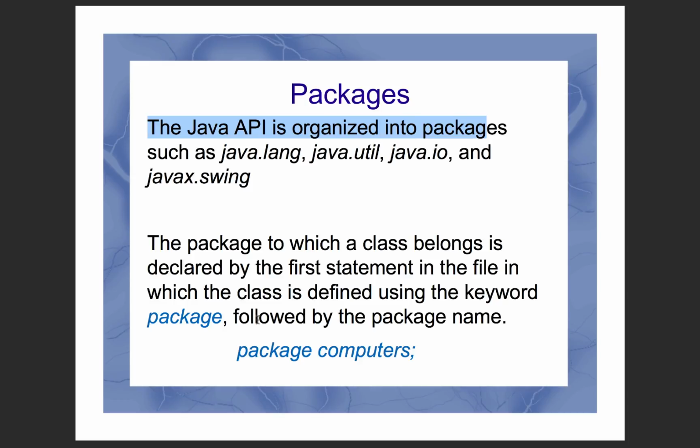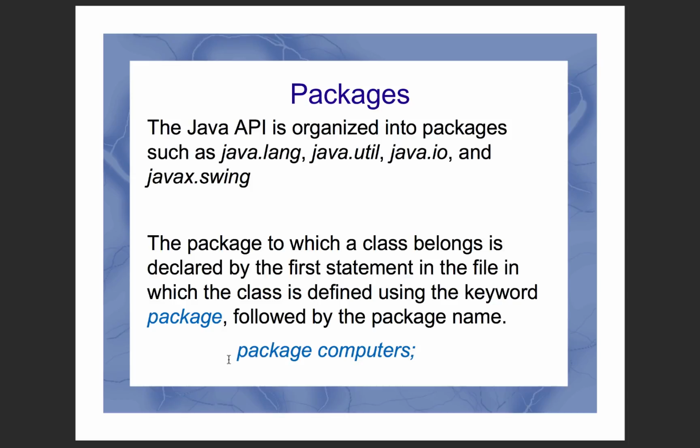If you want to create a Java file under one package, you have to write this statement at the top of the Java file. So you start with package computers, and then you write your Java file. That says this Java file will be under the package computers. Computers is a package, and under this package you are writing the Java file.